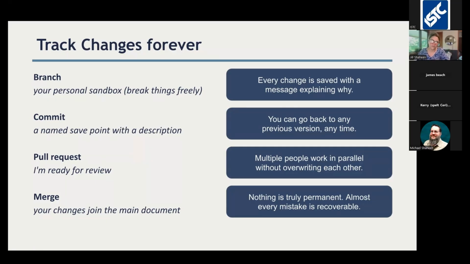When you change something written in your branch, you want to occasionally create a commit. And that would be at a logical place where you would save it, where you think, oh, I just finished a chunk of something. This is a natural breaking point. And that's a place where you can give it a nice descriptive name that you can find later. And basically just preserve that and move on to the next thing you want to do.